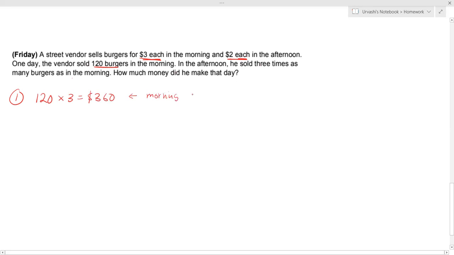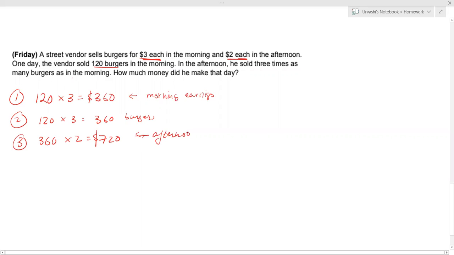So I did 120 times 3 equals 360. And then 360 times 2 equals 720. So I did 720 in the afternoon. And then I did 720 plus 360, which equals 1,080. So that's how I got the answer. 1,080.